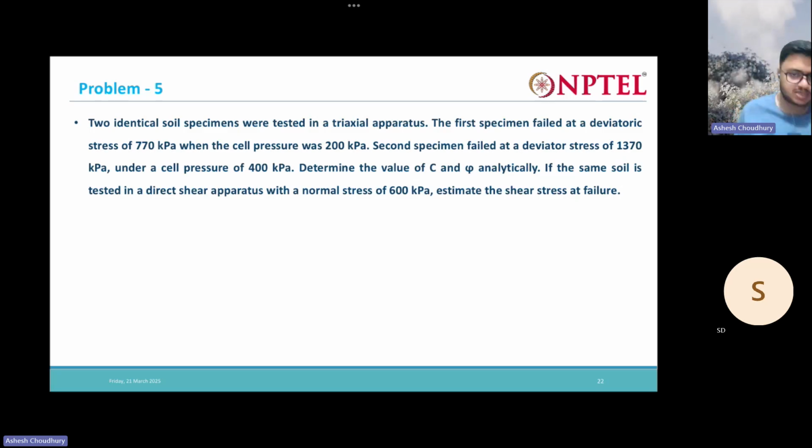Okay, so it's easy. First, let us build up the two equations and solve them for C and phi. Then we will come to the third part.